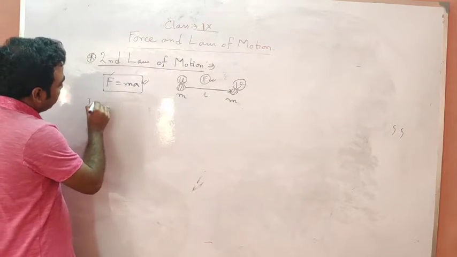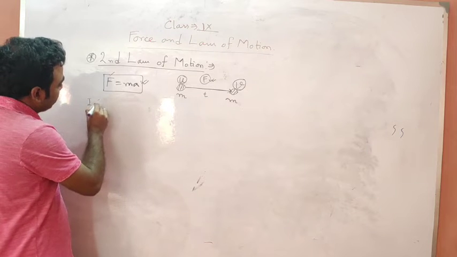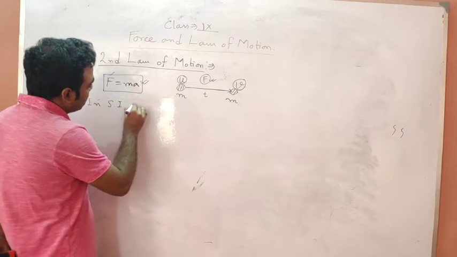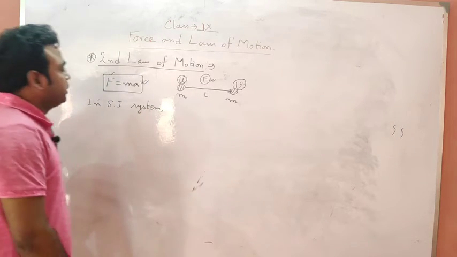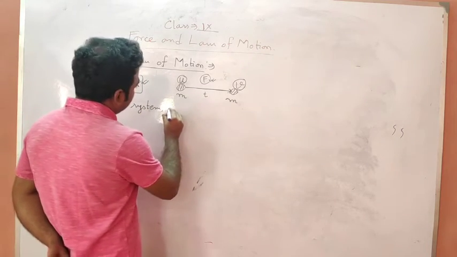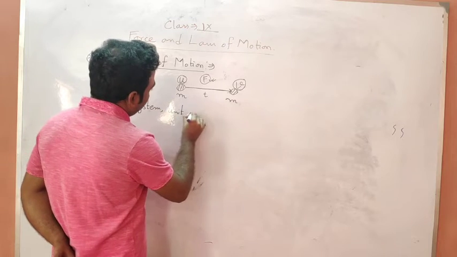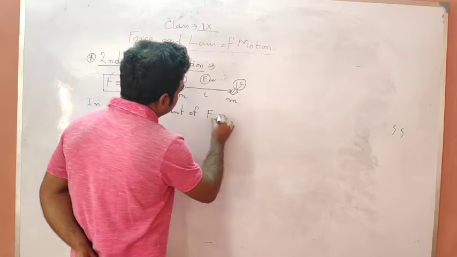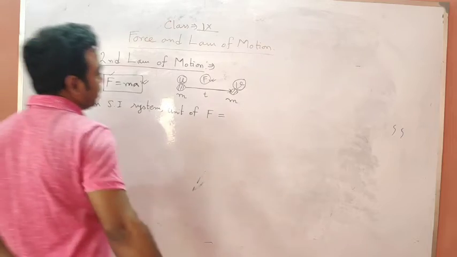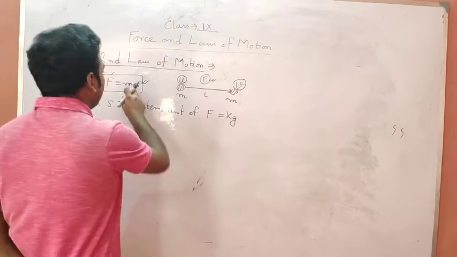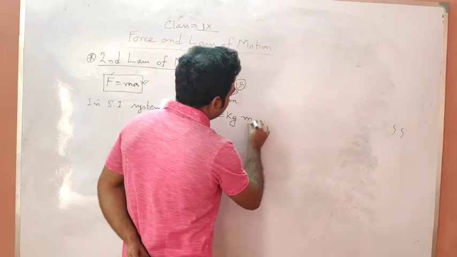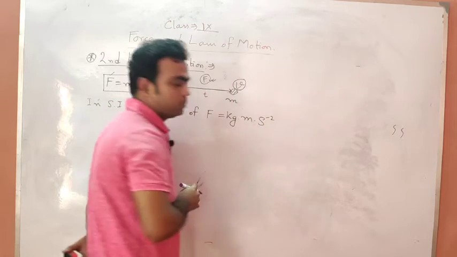In the SI system, what will be the unit of force? Unit of F equals unit of m, that means kg, and unit of a, that means meter per second squared, meter into second to the power minus 2.